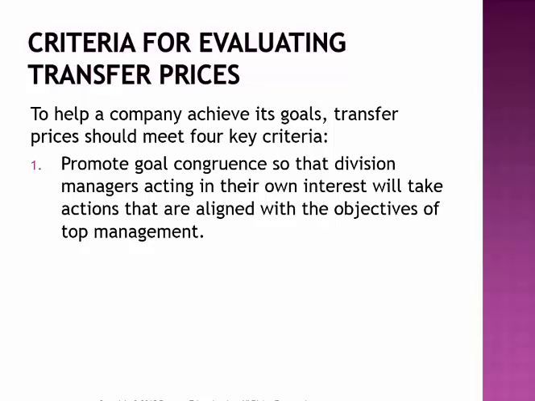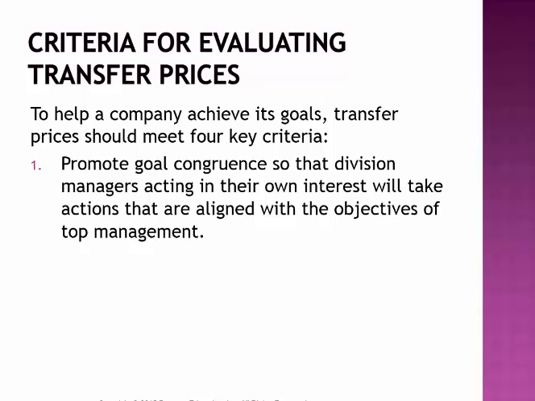We've talked earlier about what goal congruence is, and we would like to have that where managers from the divisions not only are acting in their own interest, but they will take actions that are aligned with the objectives of top management. So again, we're looking at the bottom line for the organization as a whole.